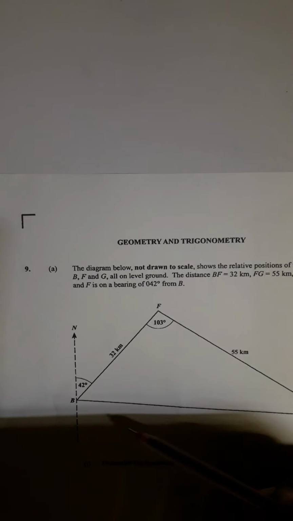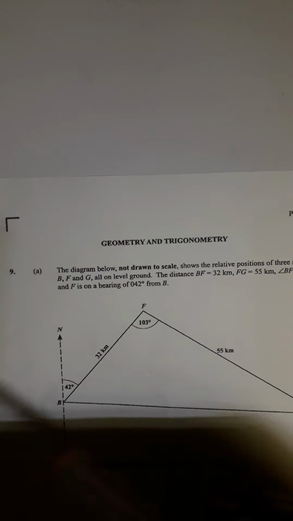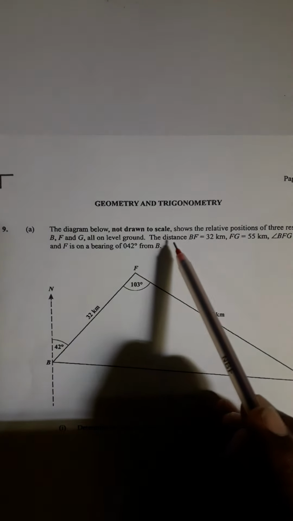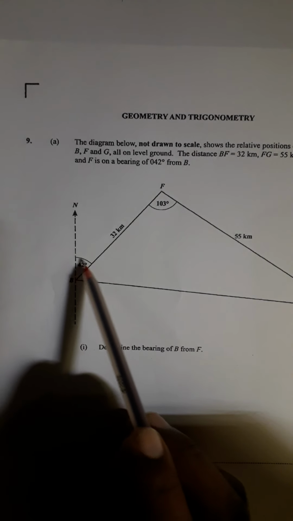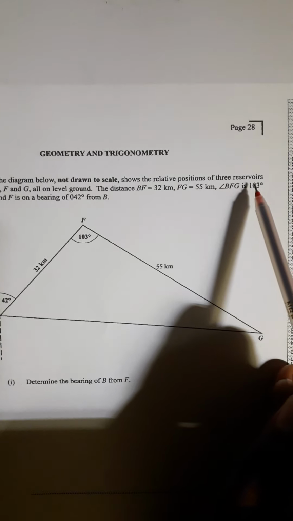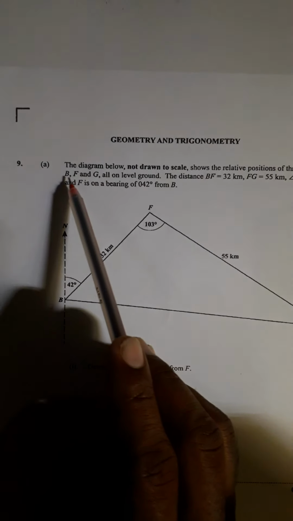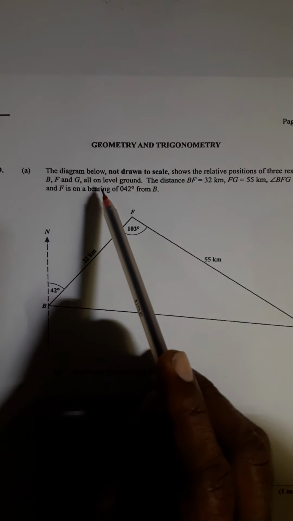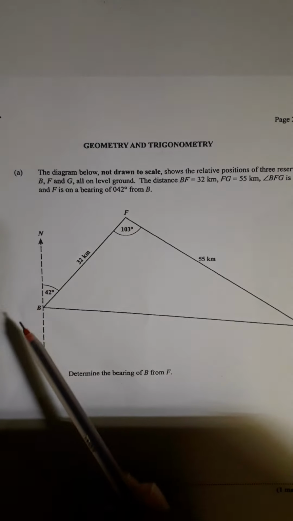It's based on bearings. Quickly, let us go through the diagram below. Not drawn to scale means that if you measure this angle with a protractor, you will not get 42 degrees. It can be more or less than 42 degrees. It shows the relative positions of three reservoirs, B, F, and G, all on ground level, on a flat level.